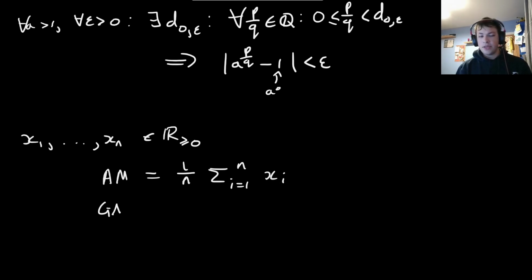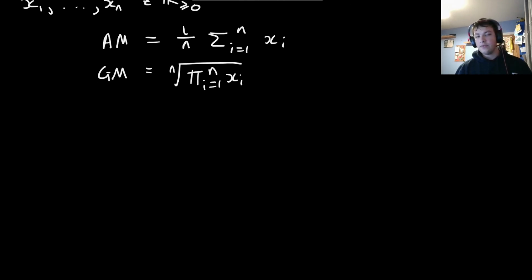And their geometric mean is like the mean, but you replace addition with multiplication. So it's the nth root of the product from i equals 1 to n of the x_i. The theorem we're going to use is that the geometric mean is always less than or equal to the arithmetic mean.